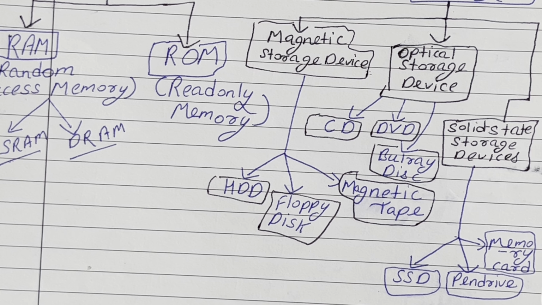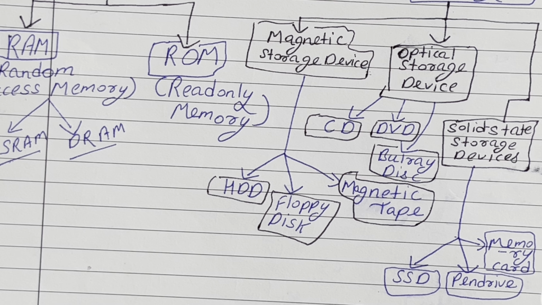Programs installed on SSDs open faster and run more smoothly because the data can be accessed more quickly. It also makes the power consumption much lower. Apart from that, if you talk about its disadvantages, that will be its higher cost as compared to HDD.